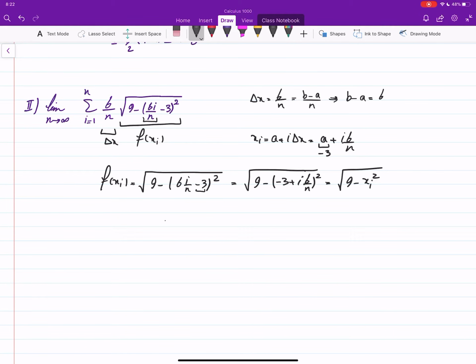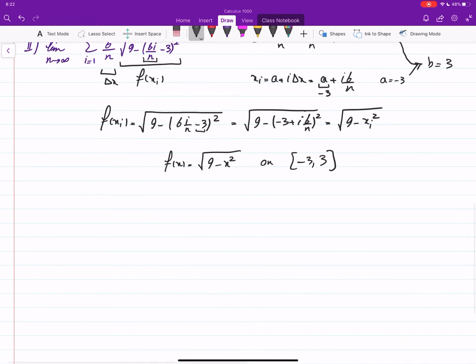Well, we found the function. The function is f of x equal to root of 9 minus x squared. How about a and b? a is negative 3. Knowing that b minus a is 6, we get b equal to 3. So the interval is negative 3 to 3.